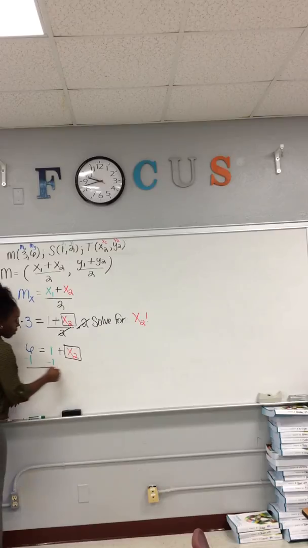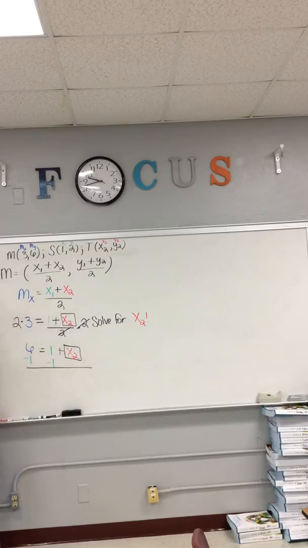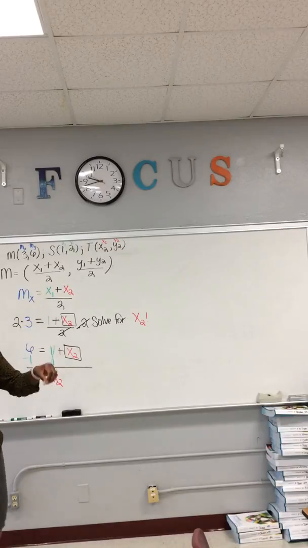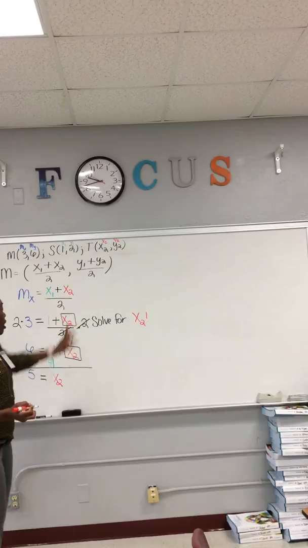In the end, 6 minus 1 is 5. I got rid of this 1 here, and that's going to be equal to x2. So the x-coordinate of the second endpoint, which is T, is 5.